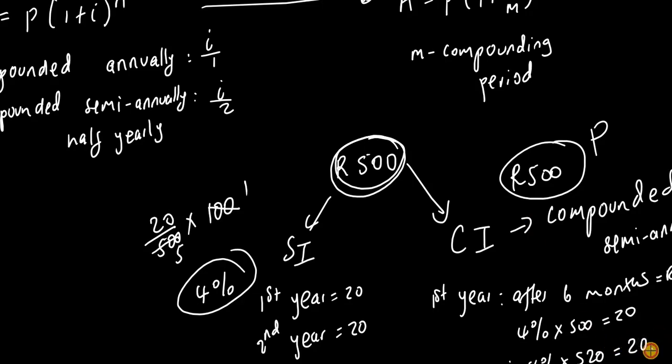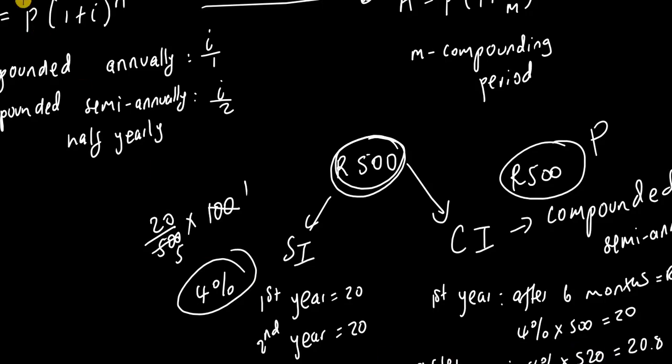Then the money that you have is going to be 540.8. That is the amount of money you have after another 6 months.